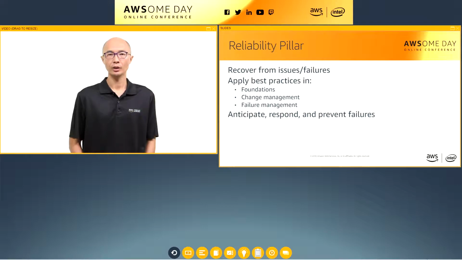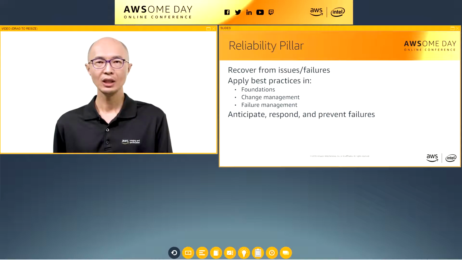Reliability in the cloud is composed of three areas: foundations, change management, failure management. In order to achieve reliability, your architecture and system must have a well-planned foundation in place that can handle changes in demand or requirements, and also detect failure and automatically self-heal.